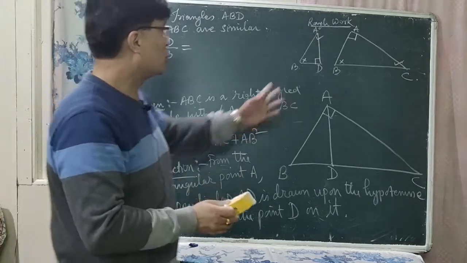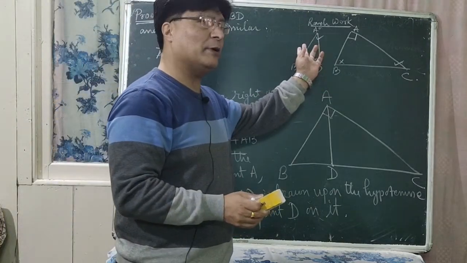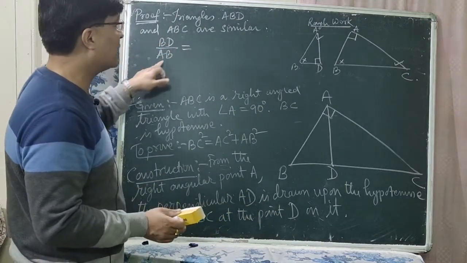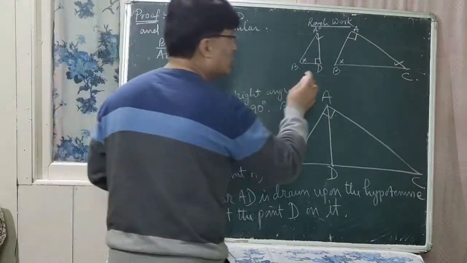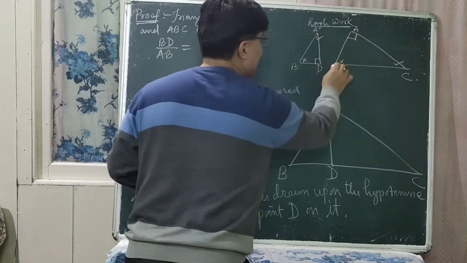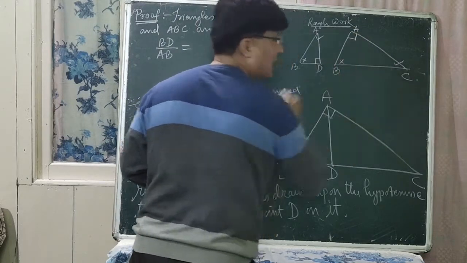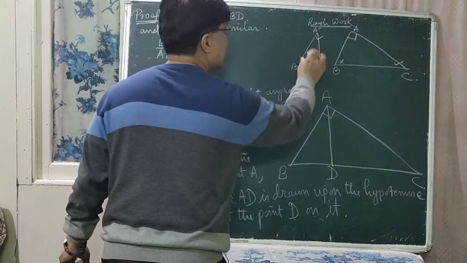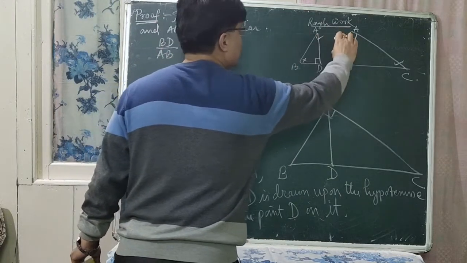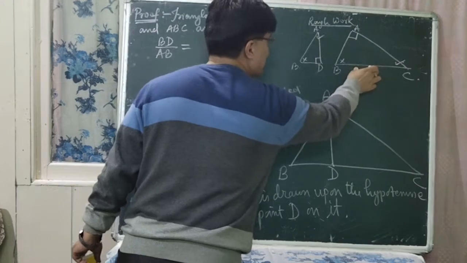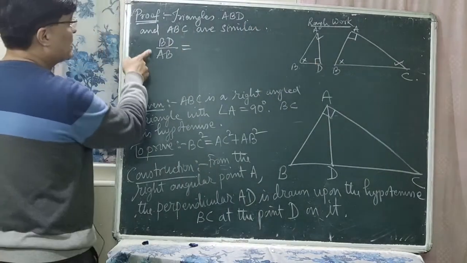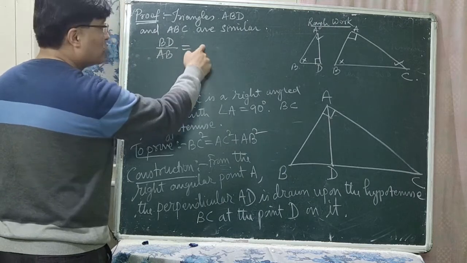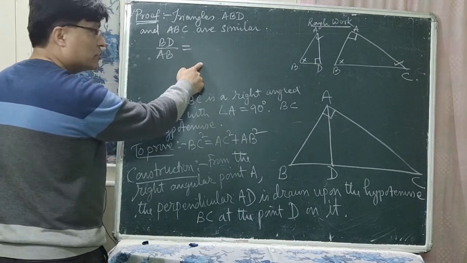Because we have taken base divided by hypotenuse on the left side, on the right hand side also there should be base divided by hypotenuse, right?